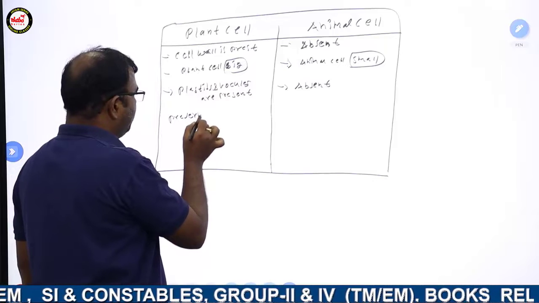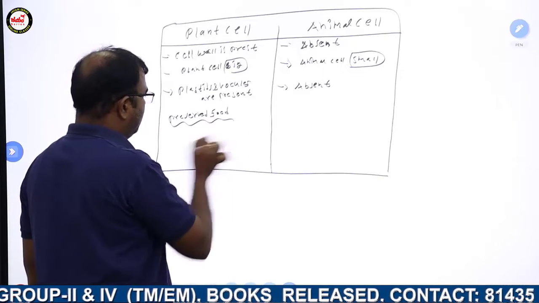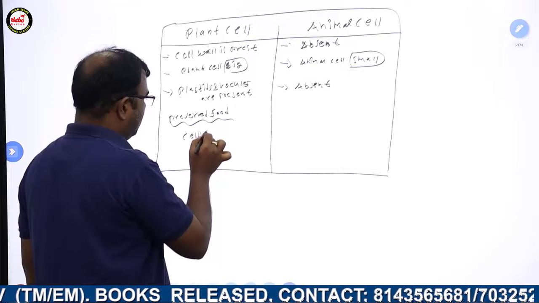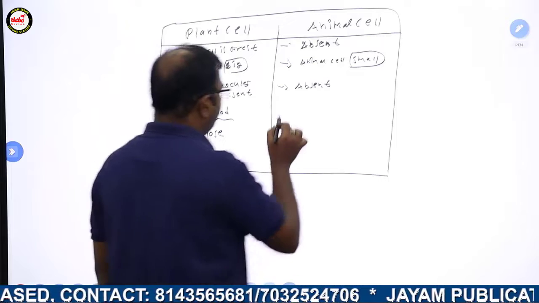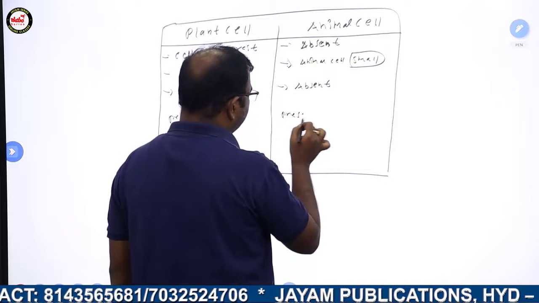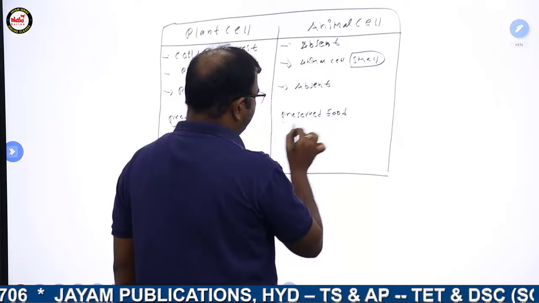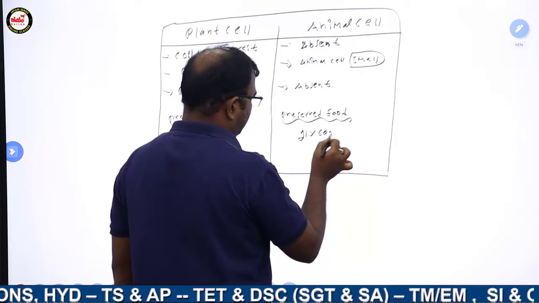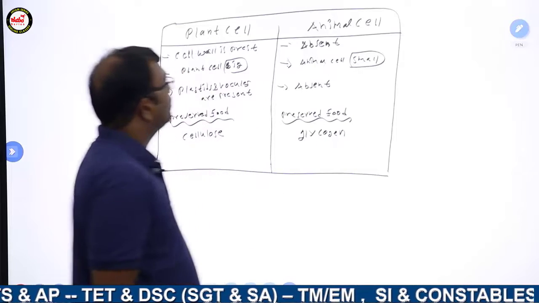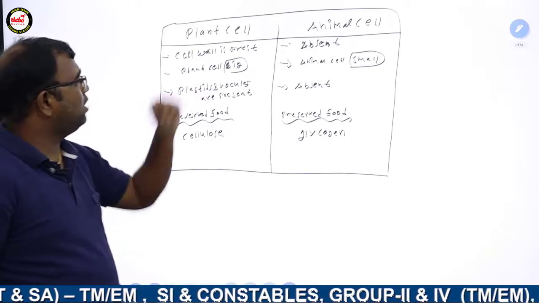The plant cell preserved food is cellulose. The animal cell preserved food is glycogen. This is the difference between the plant cell and animal cell.